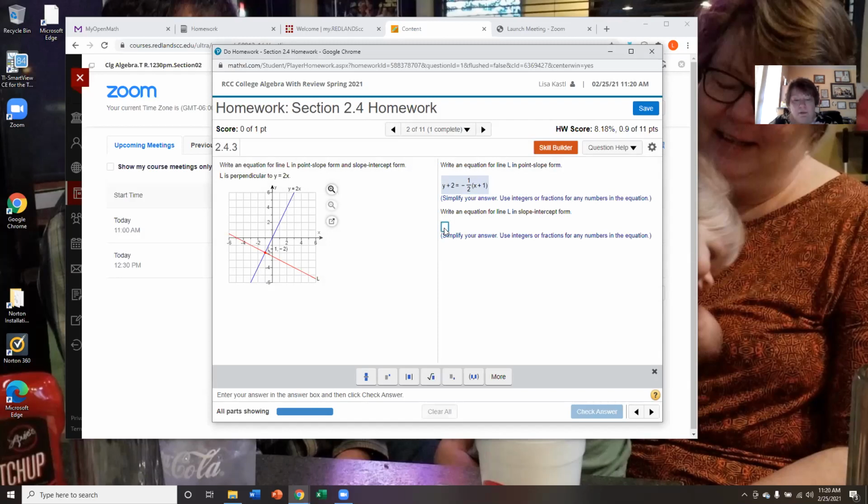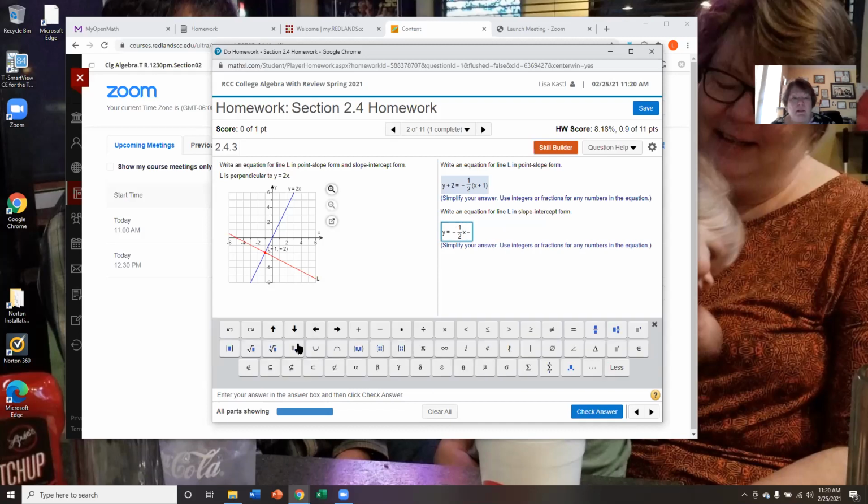That was y equals -1/2 x, so -1 divided by 2 x minus, and I don't think it'll let me write a mixed number, will it? Do I have a mixed number in here? I do, right there.